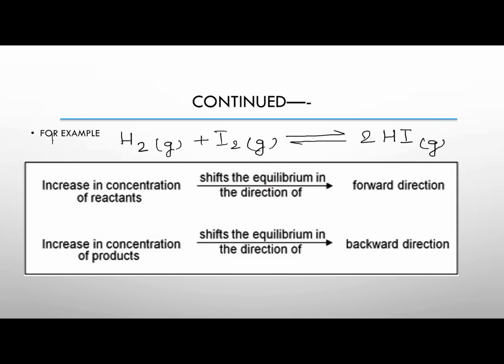So, if the concentration of reactant is increased, the equilibrium will shift in the forward direction, and if the concentration of product is increased, the equilibrium will shift in the backward direction.